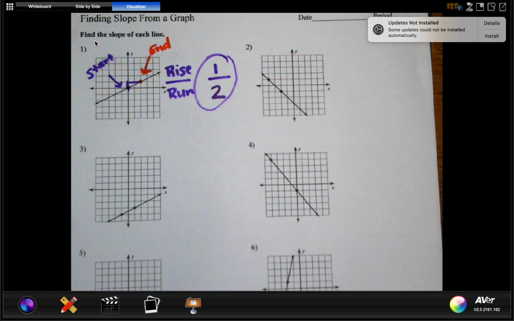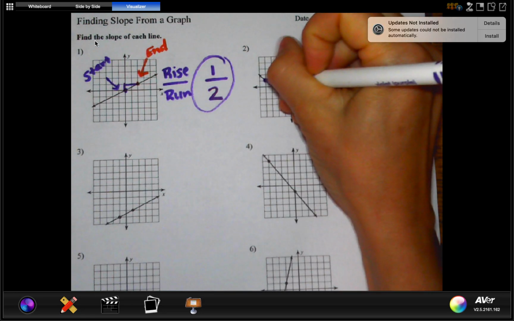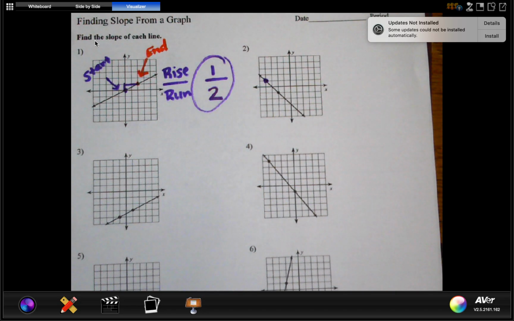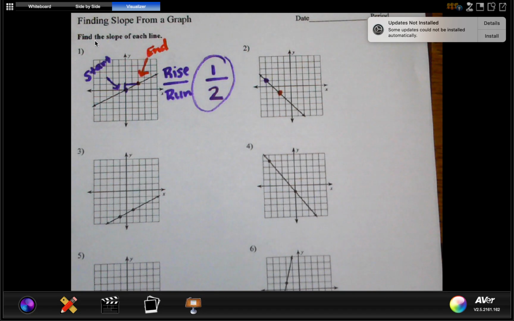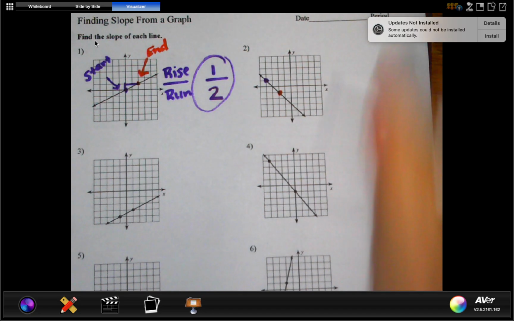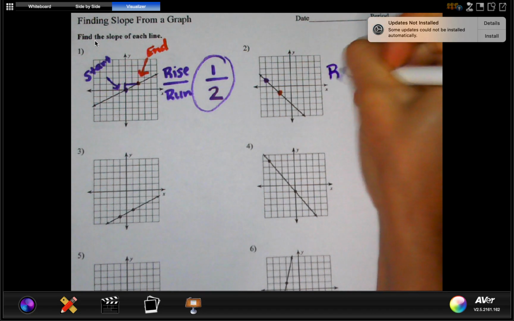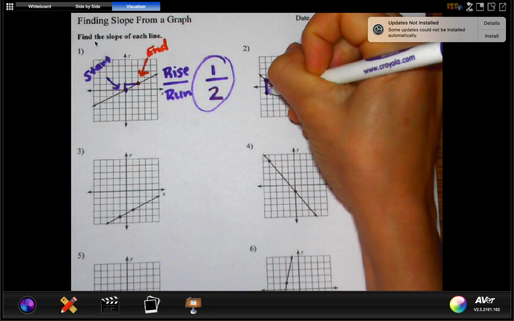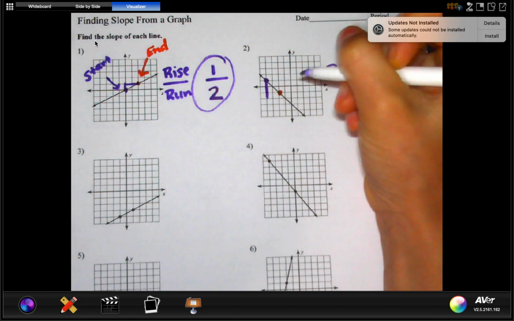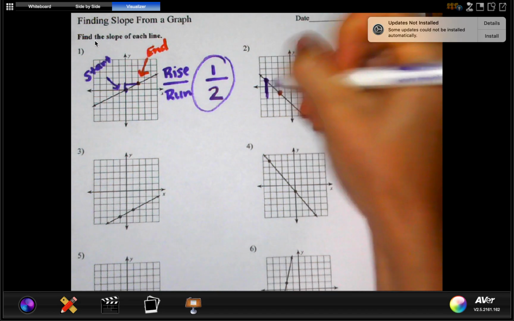Number 2, again, we want to find where is my leftmost point. In this case, I'm going to start here at the left, and I want to get to here. Start and end. If I start at my purple point, my rise is 1, 2. Sorry, 1, 2.